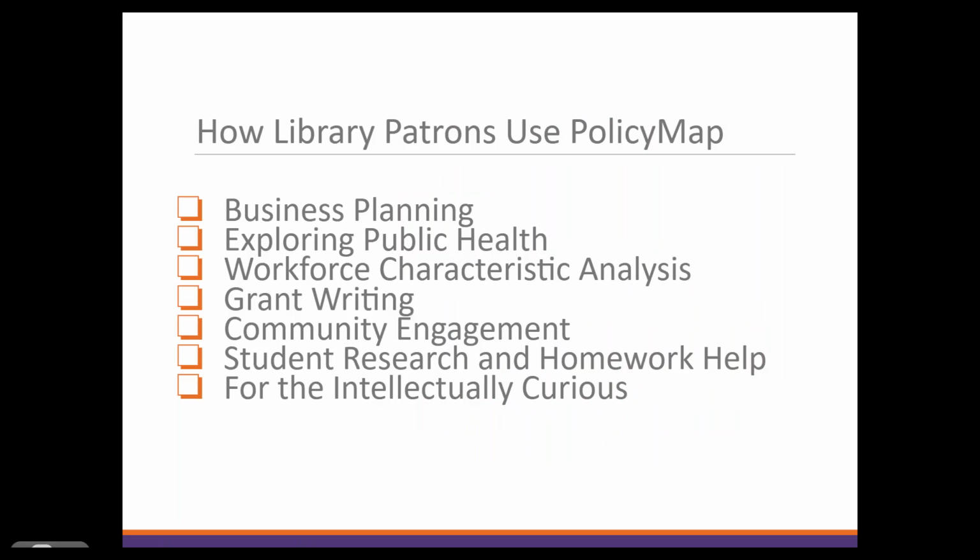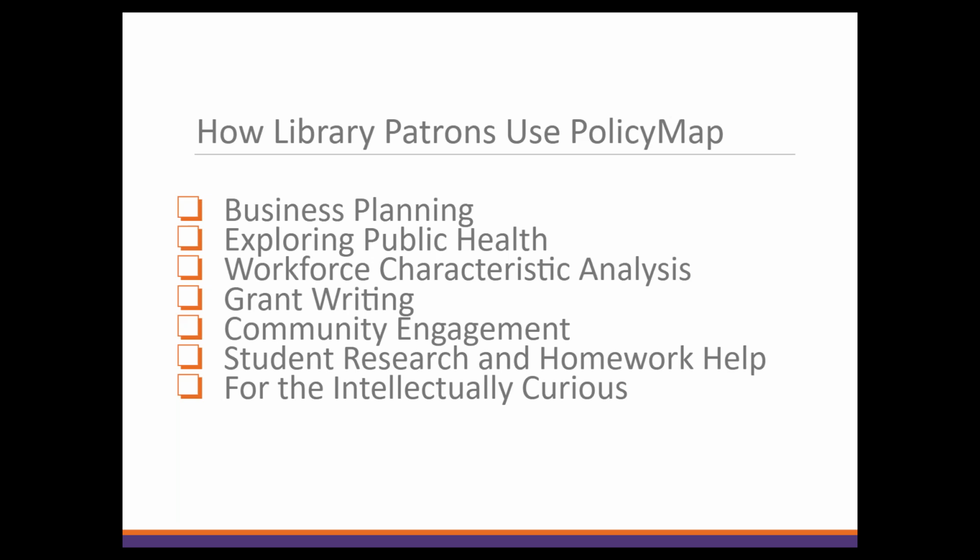Some of the ways that library patrons are using PolicyMap data are for things like business planning, exploring issues like public health, understanding workforce characteristics. So PolicyMap is a tool that has key applications for entrepreneurs and small business planning.